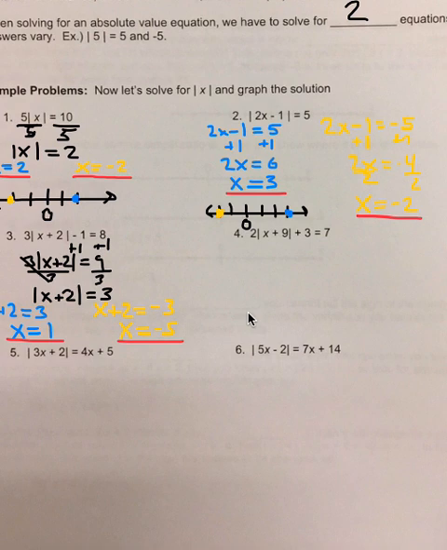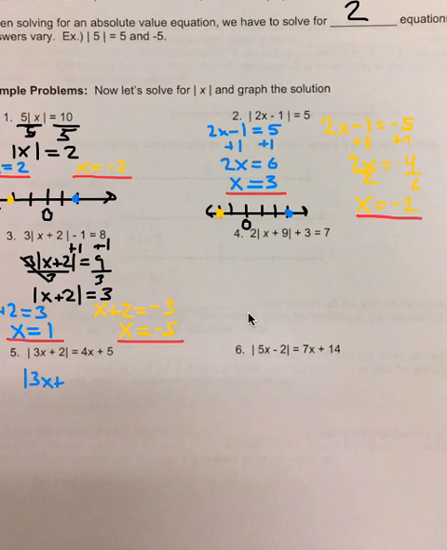All right, so the next one is very similar, and I will leave that one for you. So I'm going to do number 5. In number 5, we have the absolute value of 3x plus 2 equals 4x plus 5. So we don't have to do anything to get it by itself, but now we have x's in both. So I'm going to write my two equations.